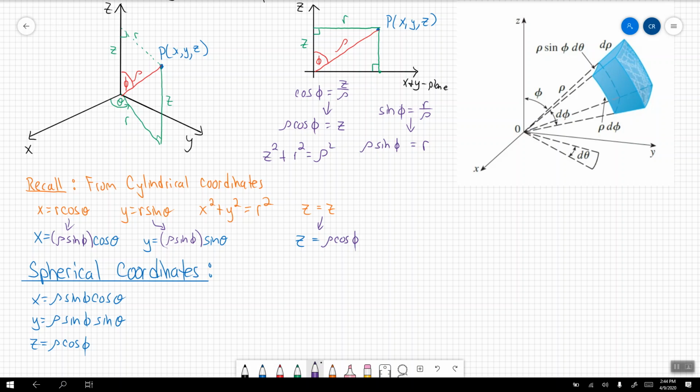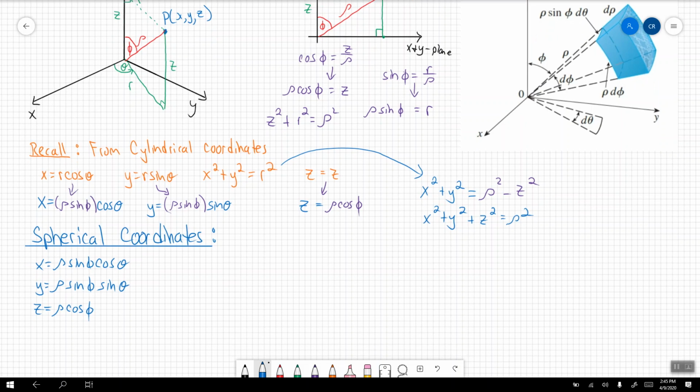So if this is going to be the case, then the very last piece here is x squared plus y squared is equal to r squared. But what's r squared? R squared is going to be rho squared minus z squared, which means we're left with x squared plus y squared plus z squared is equal to rho squared.